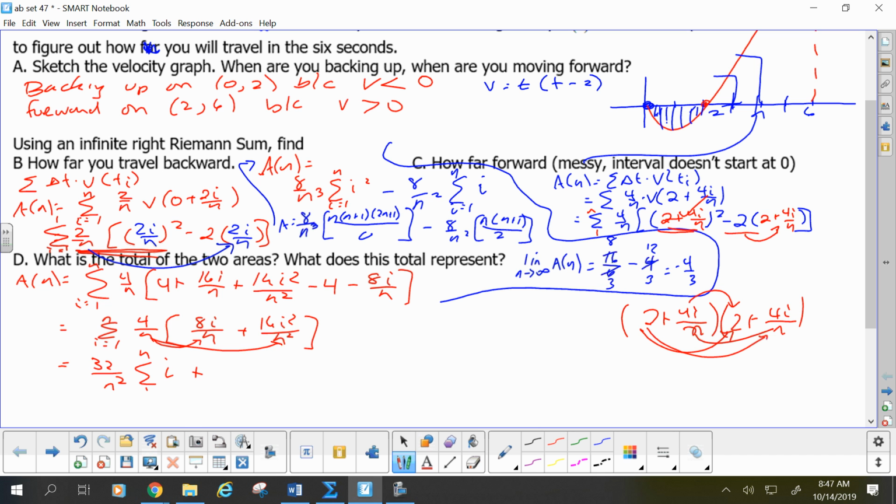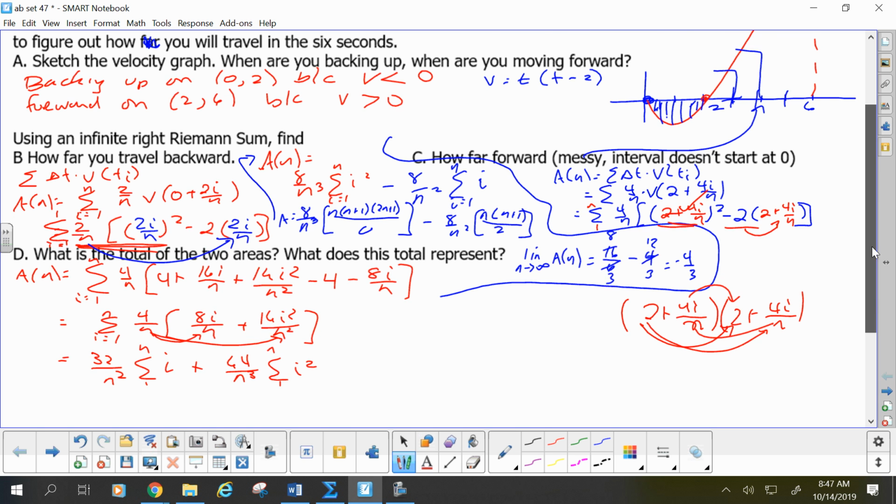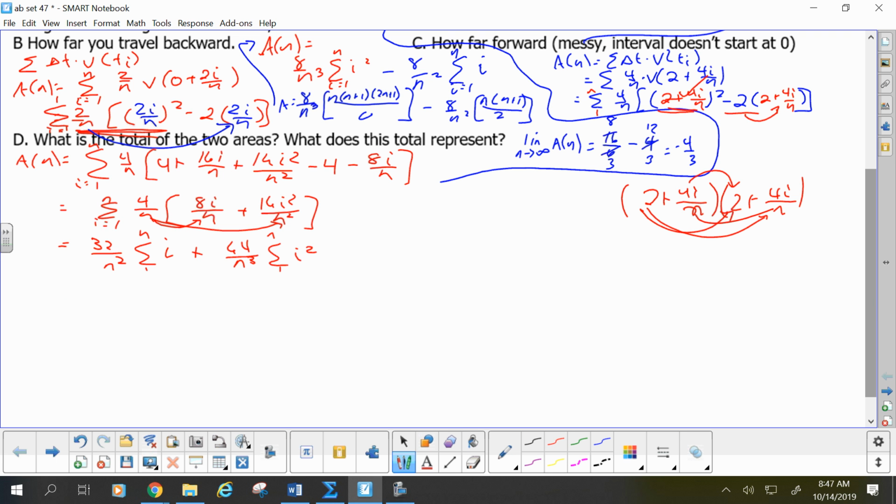And when we get to the i squared stuff, what goes out front? 64 over n cubed times the sum of a bunch of i squares. Cool. Now we're getting somewhere. What do we replace i's by? n times n plus 1 over 2. What do we replace the i squareds by? n times n plus 1 times 2n plus 1 all over 6.